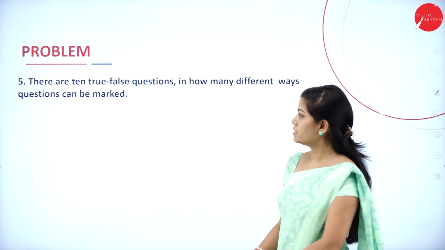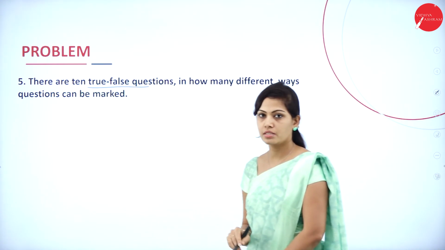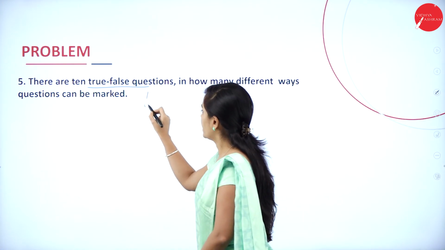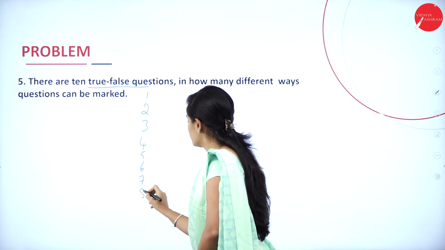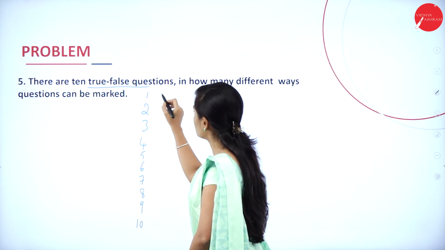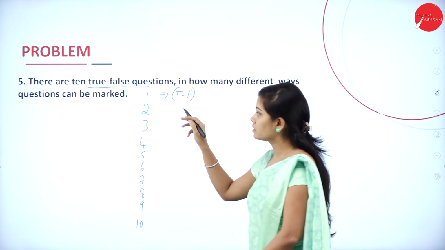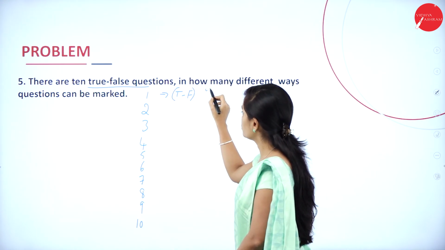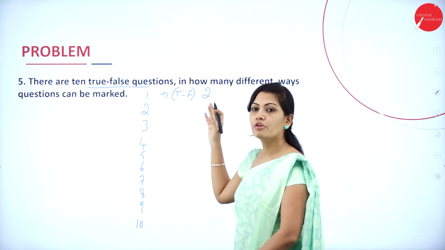The next problem is, there are 10 true-false questions. True-false means how many types of questions are there? 2 types of questions. One is true questions and another one is false questions.